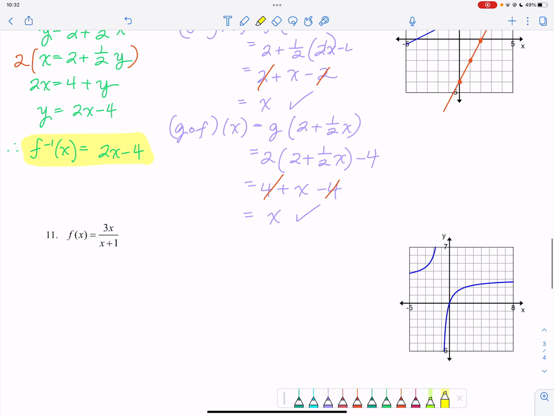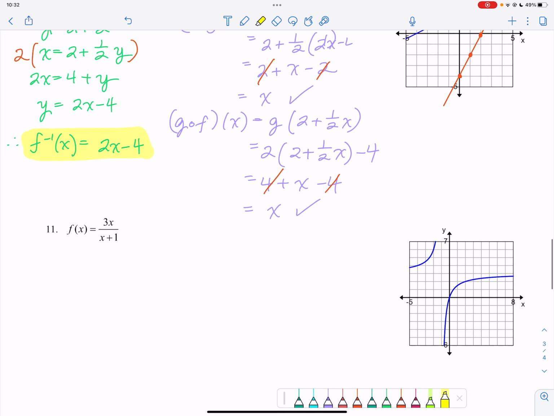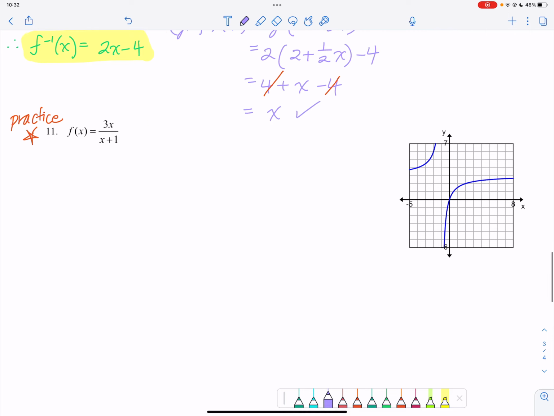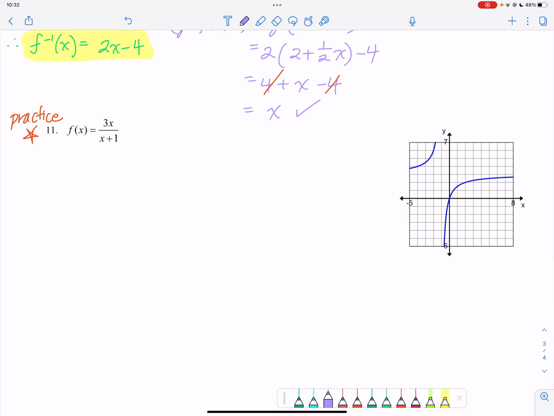Let's take a look at number 11. This is a rational function. Please make sure that you practice this. Okay, so we have f of x equals 3x divided by x plus 1.